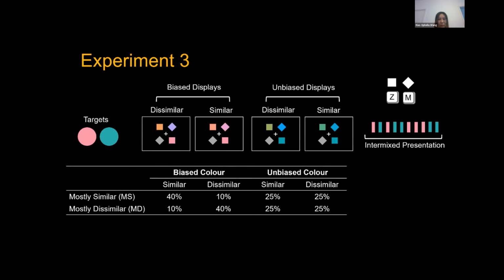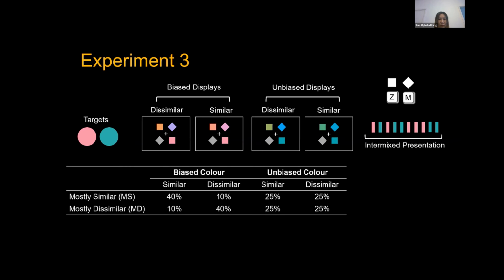These participants were randomly assigned to the most similar MS group and the most dissimilar MD group. Both groups were expected to see the target appear alongside either visually similar items or dissimilar items. The color can be pink or teal for a single trial.